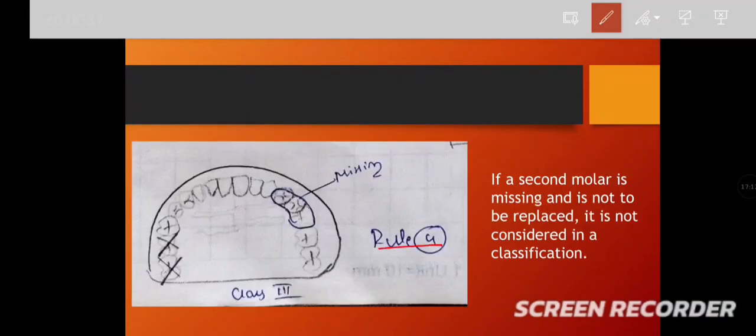If the second molar is missing and is not to be replaced, it is not considered in the classification. In this picture you can see missing are 24, 25 and 26. But we are not considering 17 and 18 for the classification because we are not replacing them. So it typically falls under class 3 Kennedy's classification.